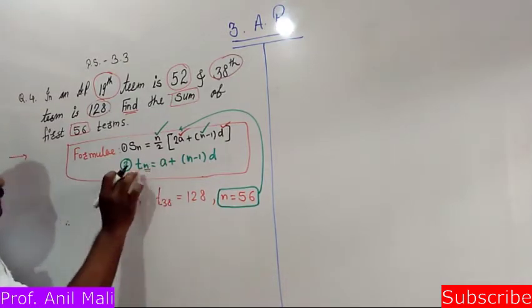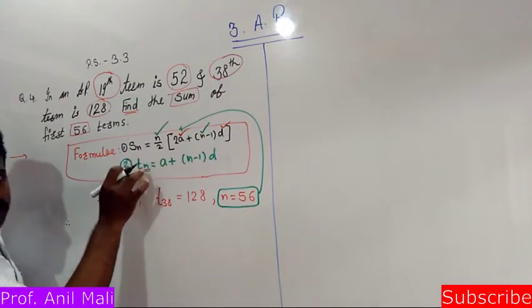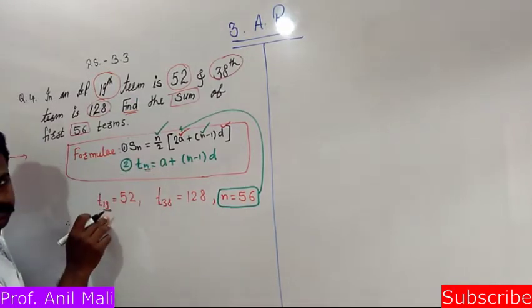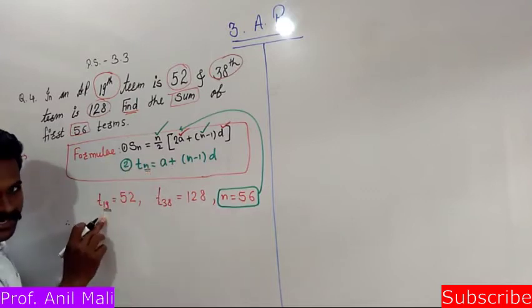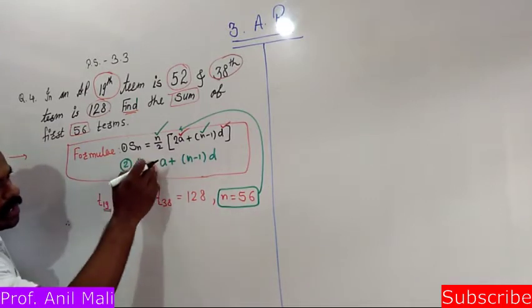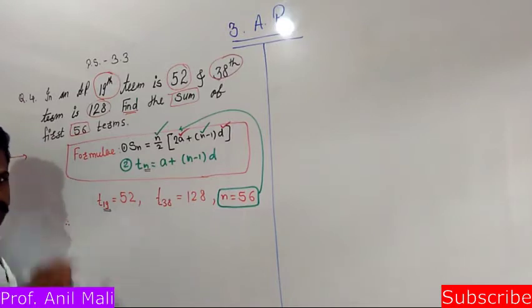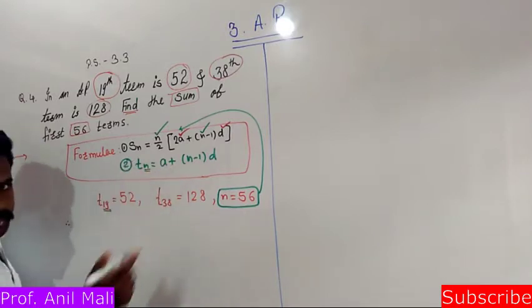Instead of Tn we will use T19. On the RHS also you will substitute all the values which you know.